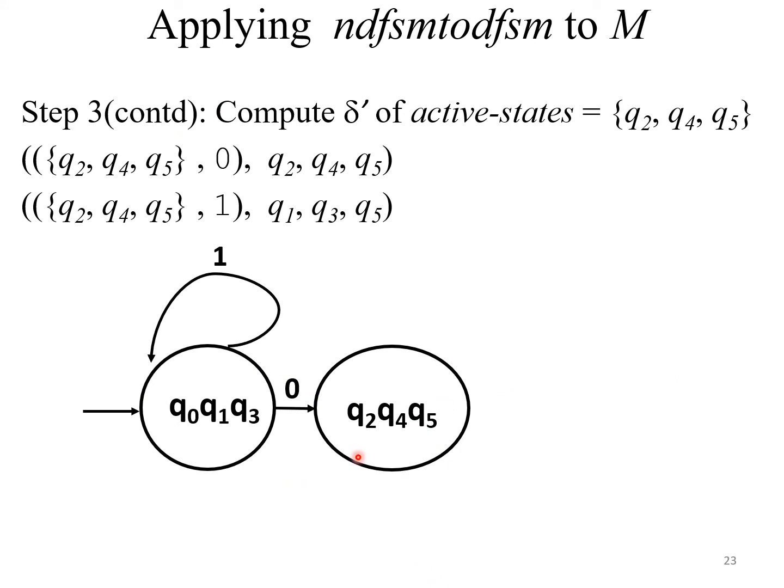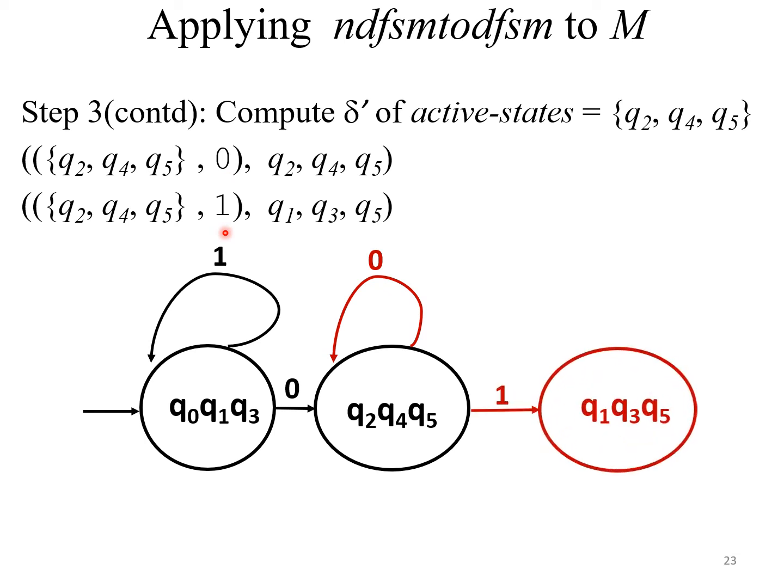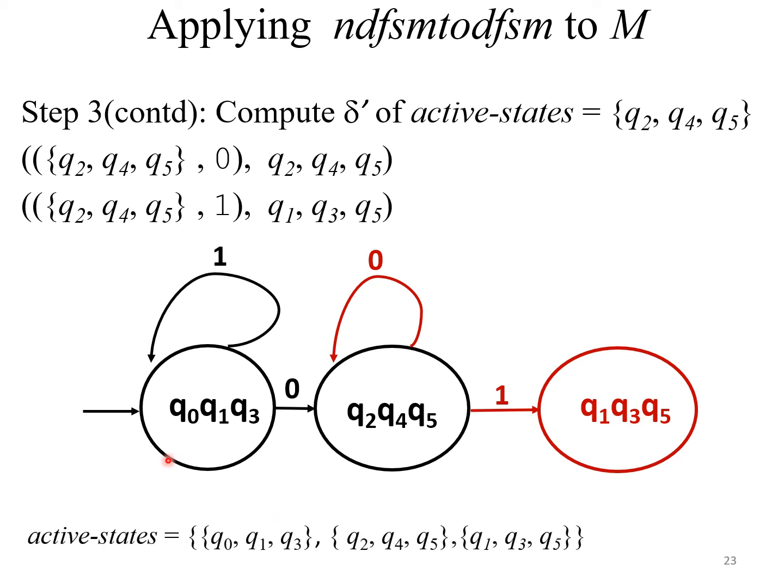So in the DFSM, Q2, Q4, Q5 on 0 goes into a self loop and on 1 goes to the state Q1, Q3, Q5. As of now, the active states are Q0, Q1, Q3, Q2, Q4, Q5 and Q1, Q3, Q5.